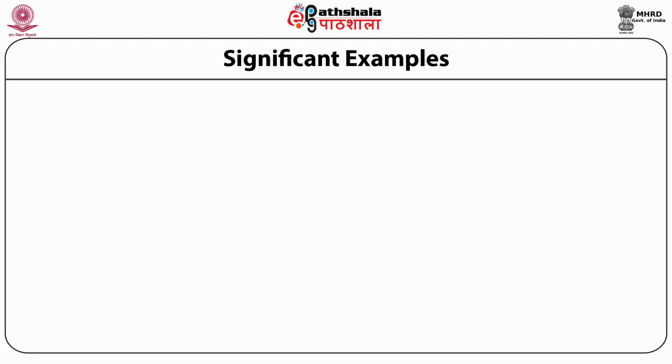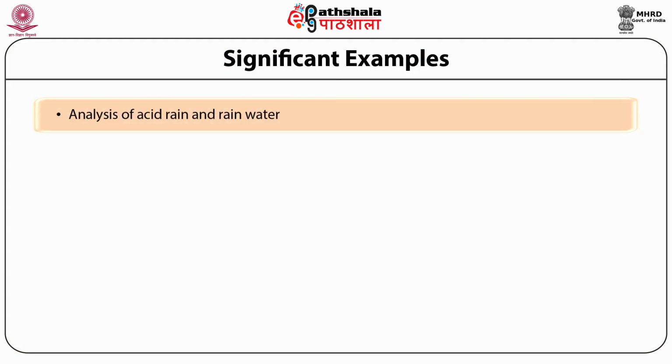Analysis of acid rain and rainwater. The analysis of acid rain and rainwater is an important application of ion exchange chromatography. The determination of ionic constituents in rainwater is periodically used to evaluate the effects of acidification on urban and natural environments caused due to acid rain.